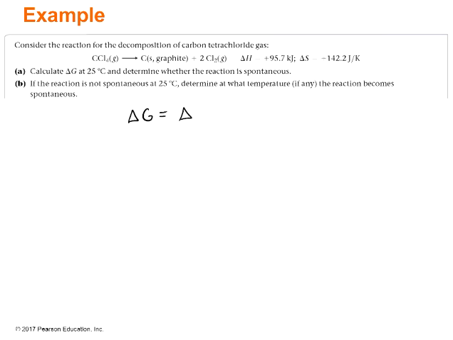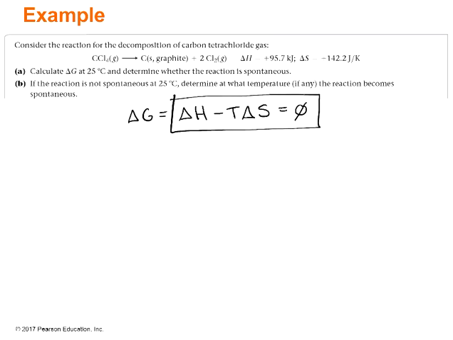let's write out our equation here. So we're going to set everything equal to 0. So delta G is equal to 0. And then we're going to rearrange to solve for temperature. So we're going to use this equality.